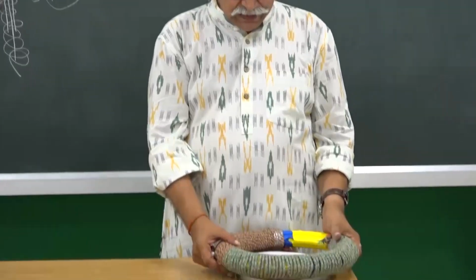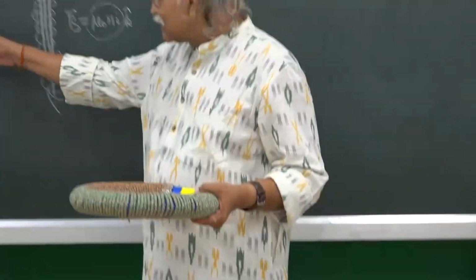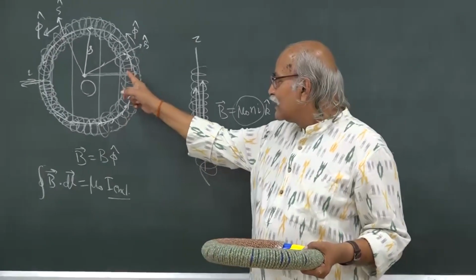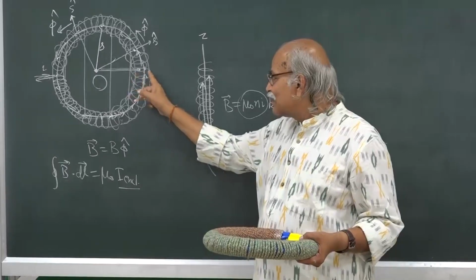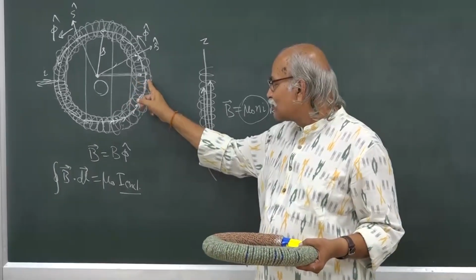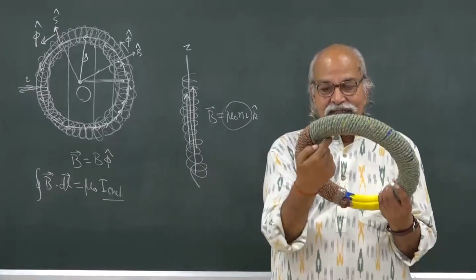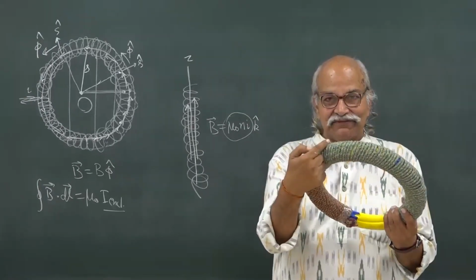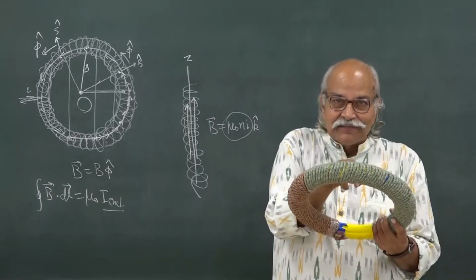Now, where is our Amperian curve? This curve, this curve here. It is going in between the inner periphery and the outer periphery. This is the inner periphery, this is the outer periphery. In between, this circle is going.